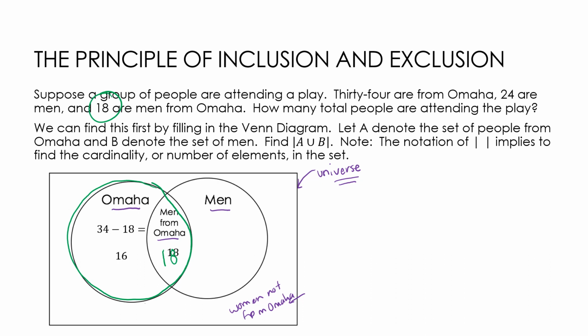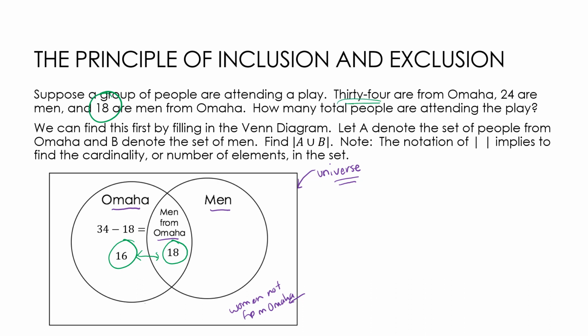So I have to take 34 minus 18 to come up with that 16. So I've got 18 in the middle, I have 16 on the left, and notice that these two together add up to that 34.